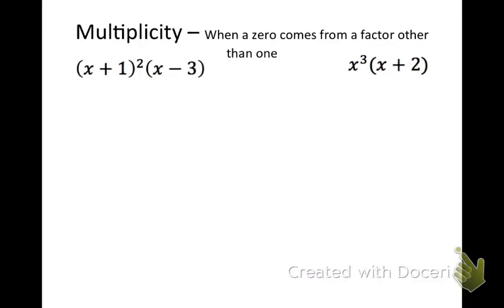Another concept that I mentioned in the definition section was multiplicity. This is a label that we give the zeros of our function, and that's when a zero comes from a factor other than 1. So if you were to think of this function set equal to 0, the zeros are going to be negative 1 and positive 3. But because that negative 1 comes from a factor that has a power other than 1, we say that it has a multiplicity of 2.